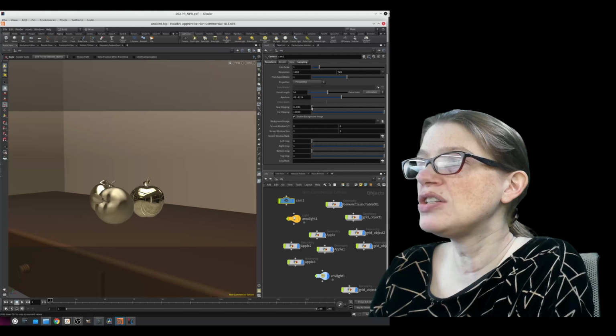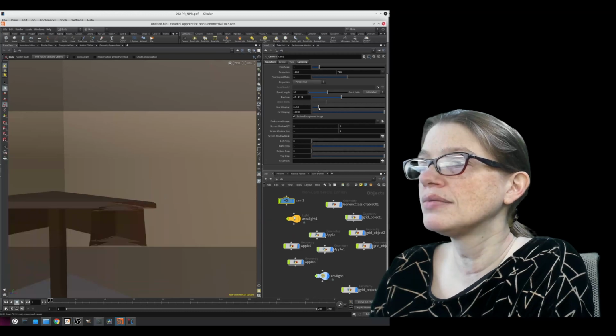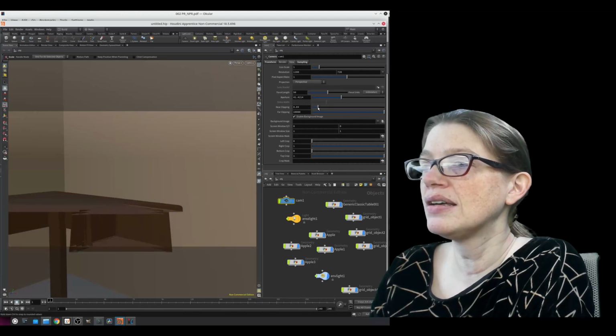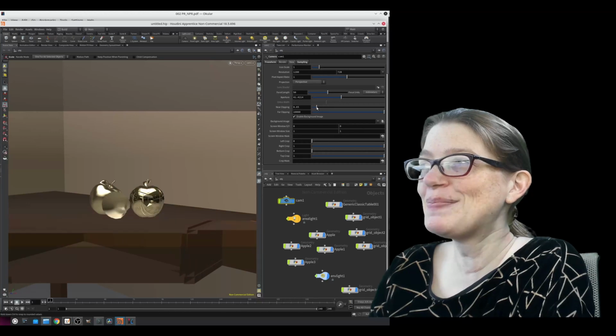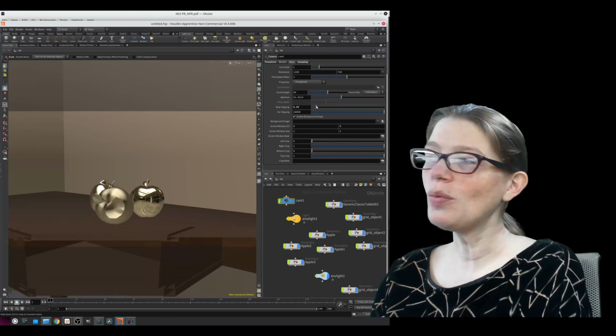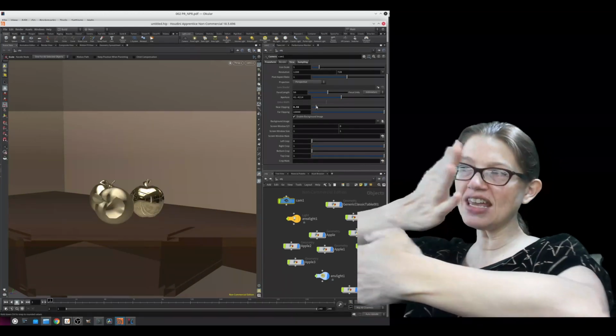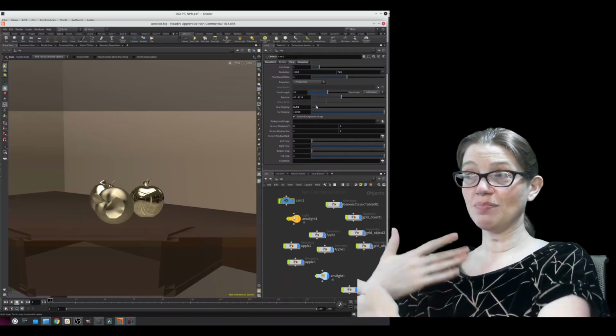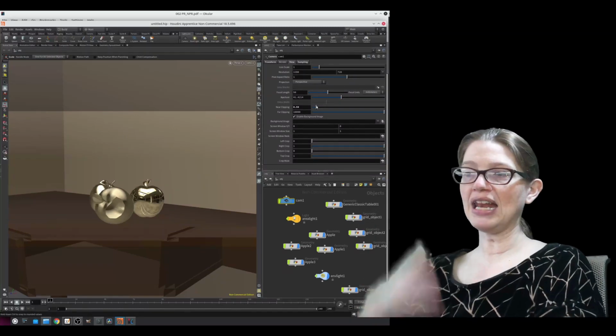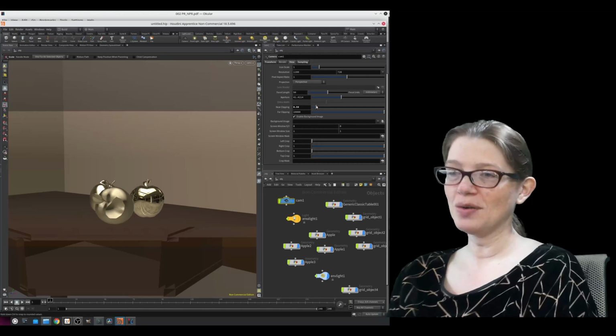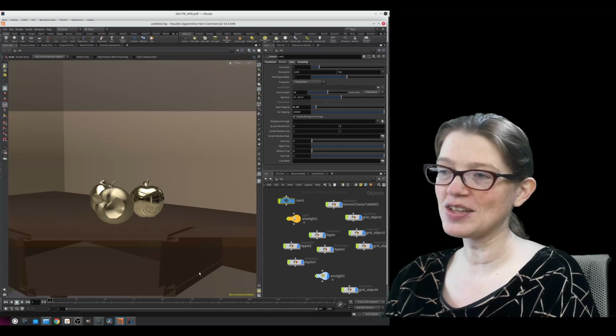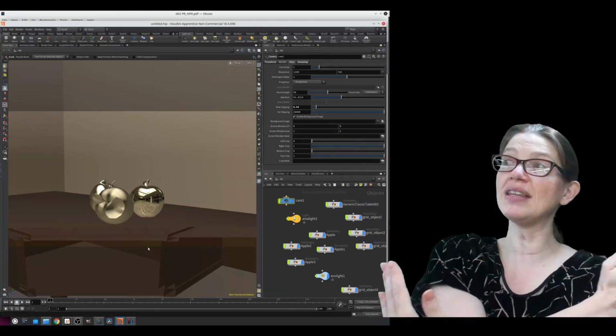So if we change the near clipping plane, you see that? It's pretty neat, right? So what we're saying is anything that is between the camera and the near clipping plane gets chopped, which is why this funny table model looks all funny, because we're literally chopping the table.